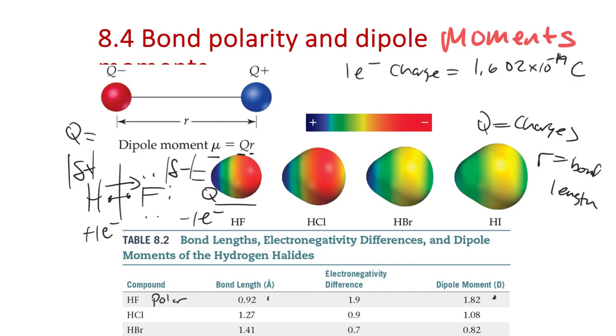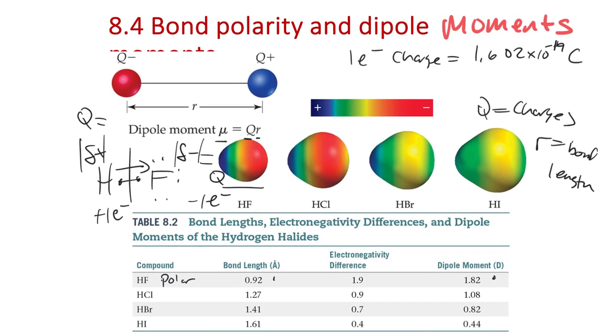And one of the things you can see if we compare HCl to HBr to HI is that the dipole moment is decreasing as we go from top to bottom. As our dipole moment's decreasing, presumably what that means is the charge separation's decreasing because our atoms aren't as electronegative. The difference of electronegativity is not as great. So we have a 1.9 difference of electronegativity for HF because fluorine's the most electronegative.